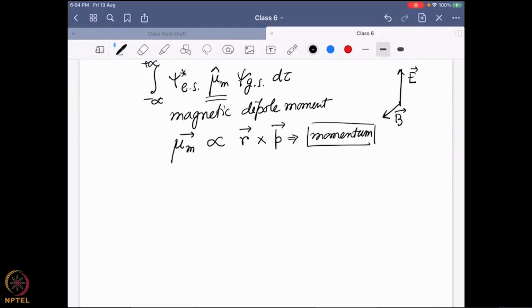So these are the two vectors which come together and create this magnetic moment. So the movement of the charge has a lot to do with the creation of this magnetic moment.